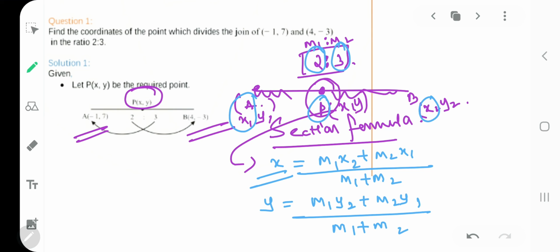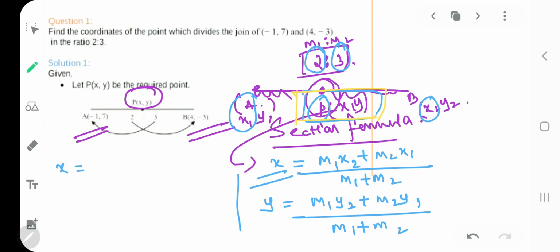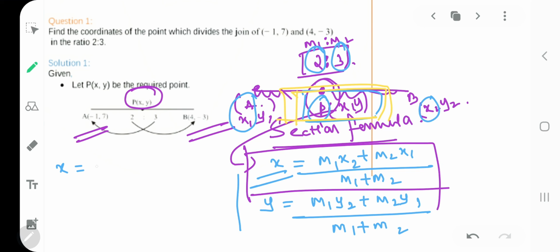Okay, let's start. We are finding the coordinates of P. I hope you remember that. To find the x coordinate, we'll just put in the values in the formula. m1 is given as 2.